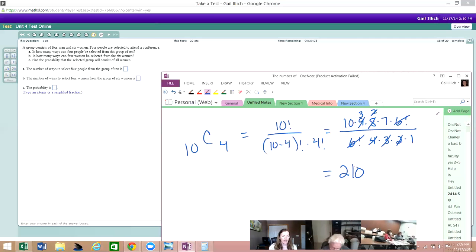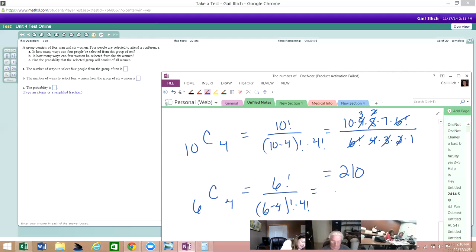It says the number of ways to select 4 women from the group of 6 women. All right, part B. 4 women from the group of 6 women, that's just going to be 6 choose 4, right? That's going to be 6 factorial over 6 minus 4 factorial times 4 factorial.